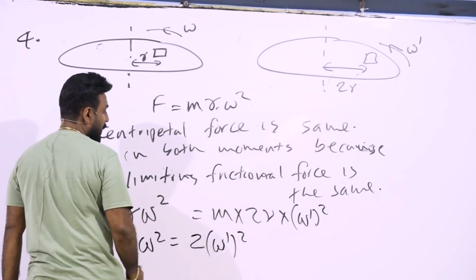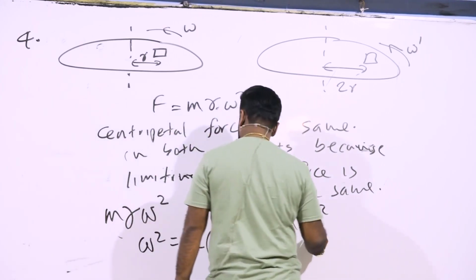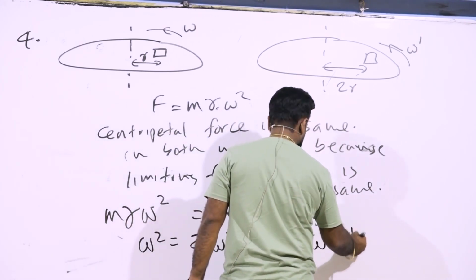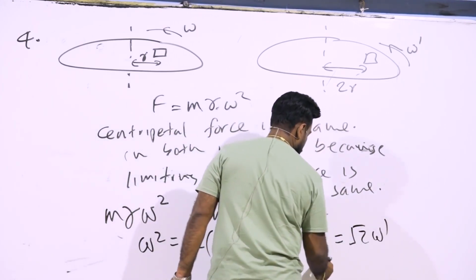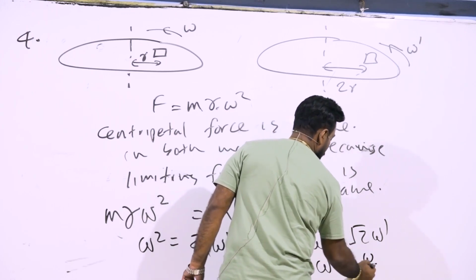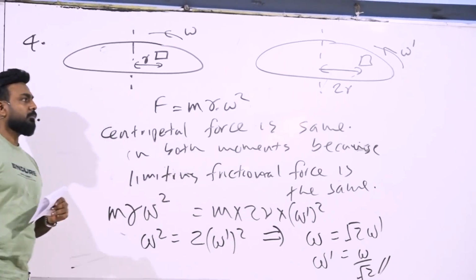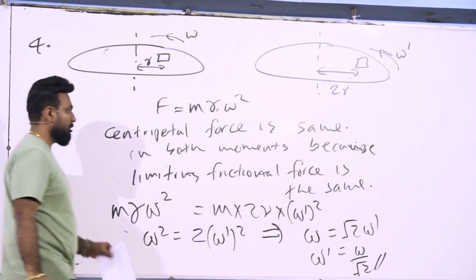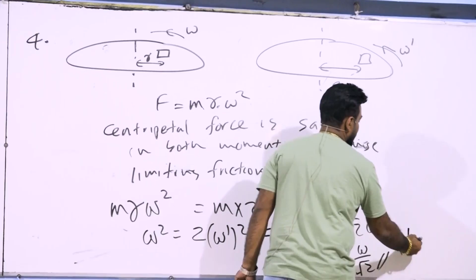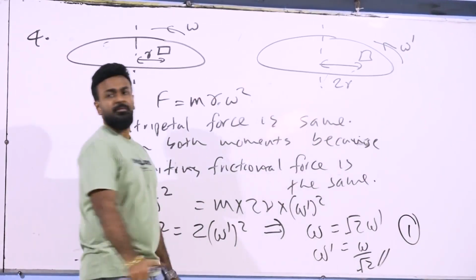Clear? I can take the square root: omega equals root 2 omega dash. Omega dash equals omega over root 2. That is answer number 1. First answer, I just explained, okay?